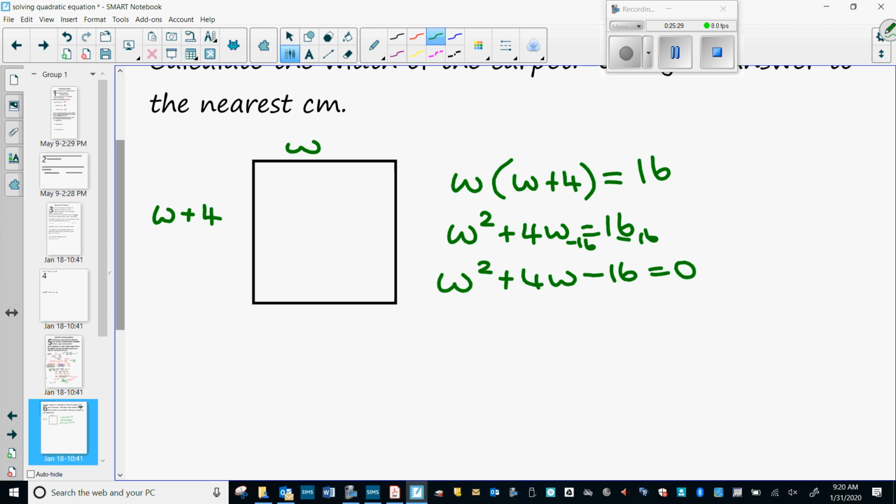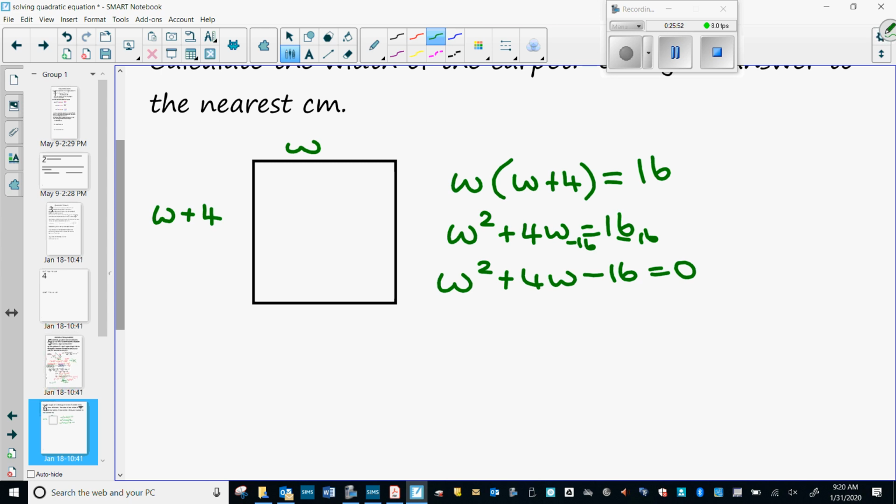There's no two numbers that multiply to give 16 or negative 16, and those same numbers would add to give 4. So we would have to use the quadratic formula. Moving to the other side is fine, but you're still dealing with negative W squared.